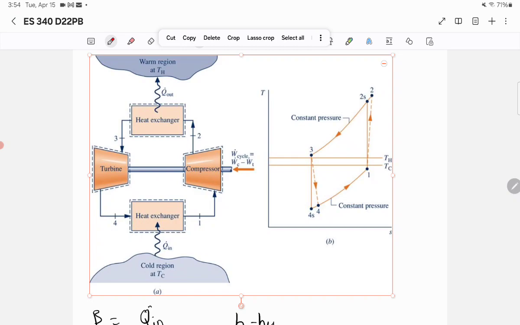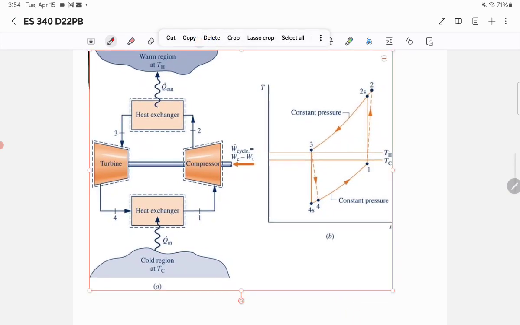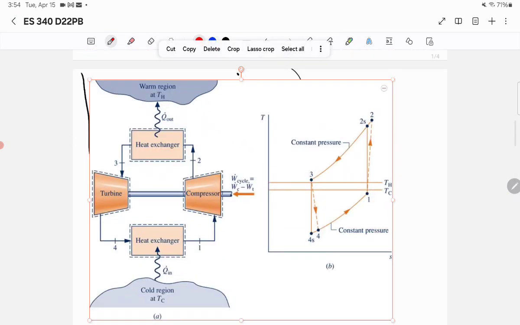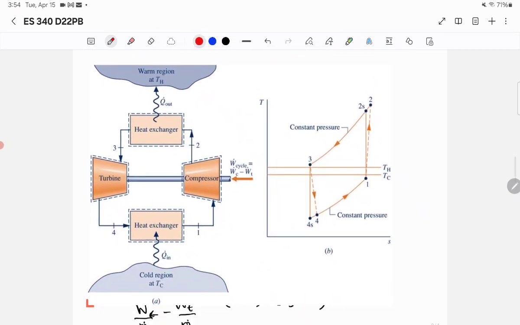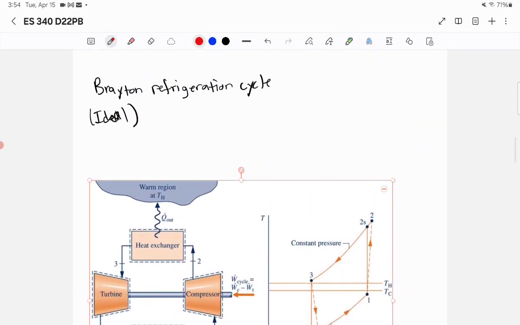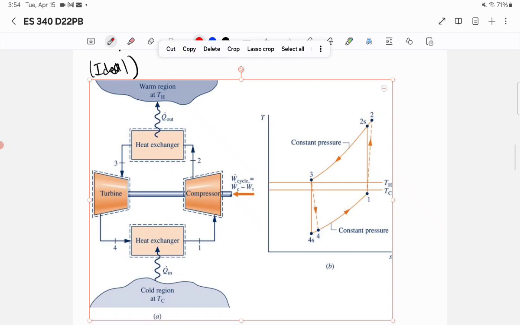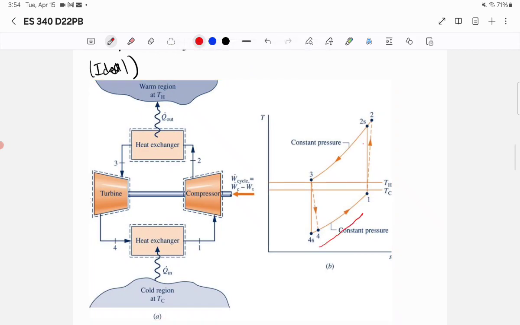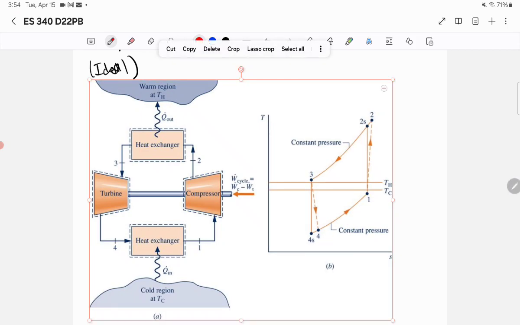Then, going up here, let me just pull that back down for a moment. Then up at the top here, you notice that you can go to the 2S state, which is the isentropic state, going across the compressor.